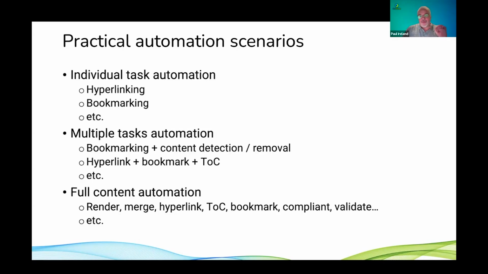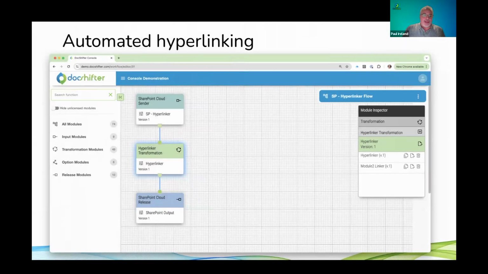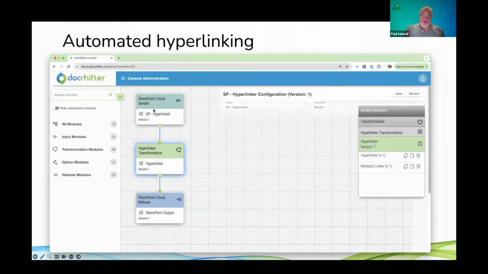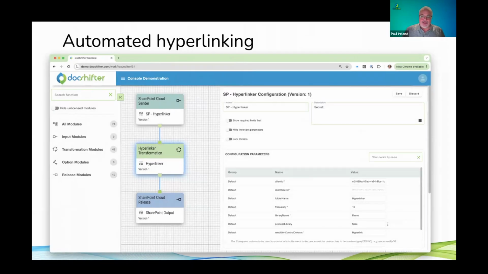So you can have everything from individual tasks to full, huge content automation, depending on how you combine these steps. So if I show you what that looks like practically, if you look at an example workflow, this is as simple a workflow as you can get. I'm basically monitoring a location, in this case in SharePoint. And in that location in SharePoint, I'm telling it when exactly this task should take place.